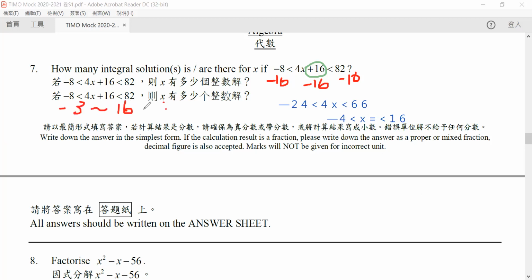So in here, there are 20 numbers. Oh no, it is not 20.